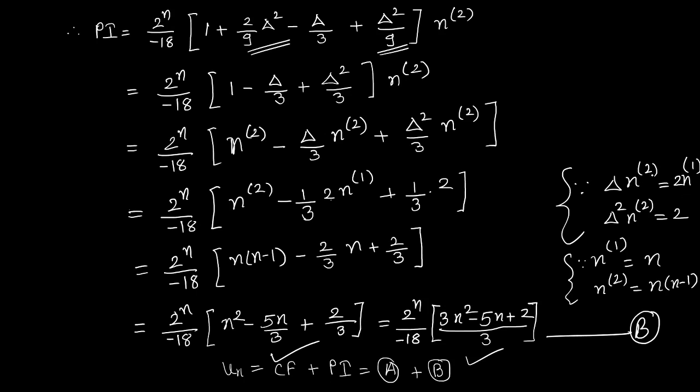Therefore, delta of n to the power 2 factorial is 2 n to the power 1 factorial, and its delta square value is equal to 2. In this way, we substitute the values, then we convert from factorial notation to algebraic form. n to the power 1 factorial is n, and n to the power 2 factorial is n into n minus 1. We substitute these values here, combine the terms and write down the final answer. In this way, we solve the problems of the fourth case.